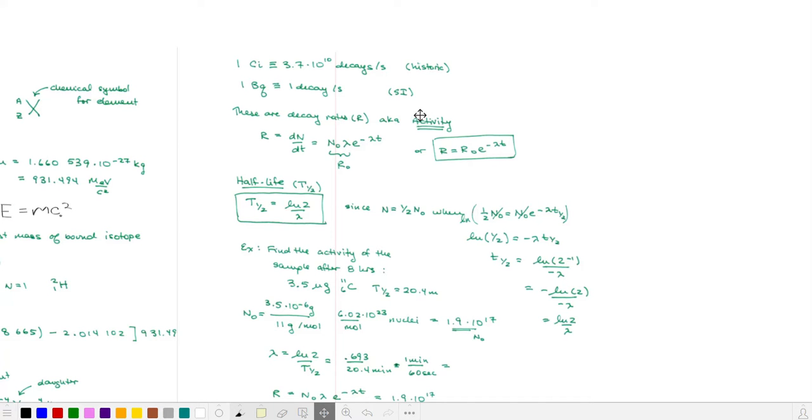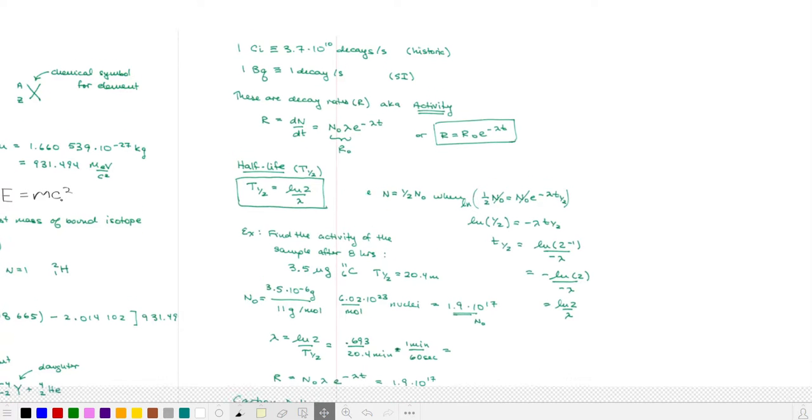It's also known as activity. So if I take the first derivative of n with respect to time, it just brings the minus lambda in front. Okay, I ignored that minus sign. It's the rate of decay, so it's implied that the rate is decreasing, but we don't actually put the negative sign to indicate a decrease in rate because it's always negative.